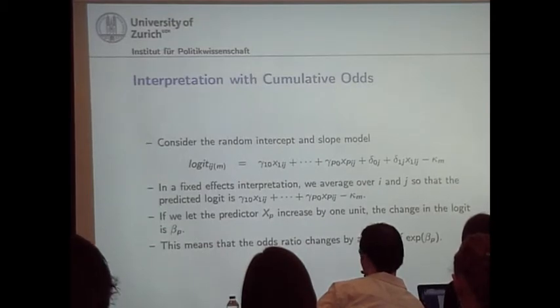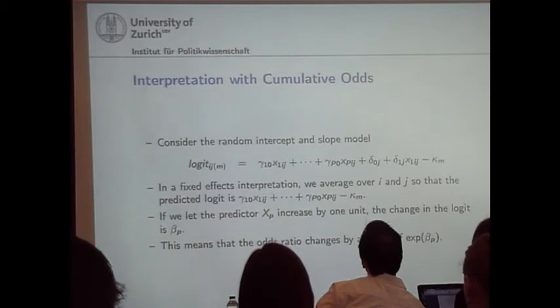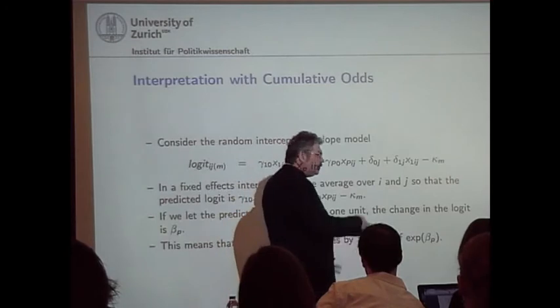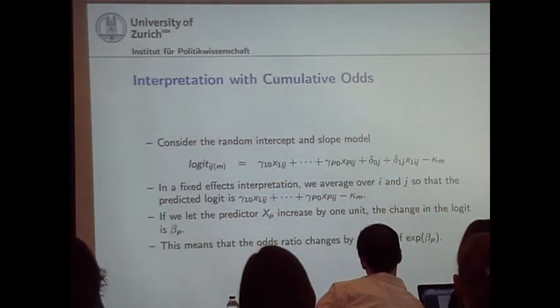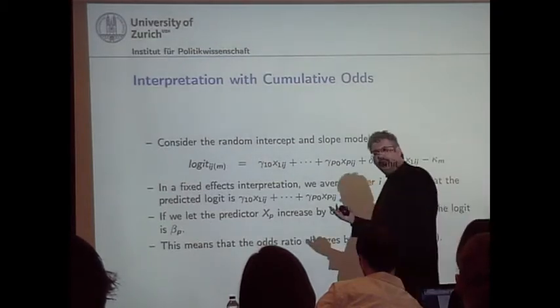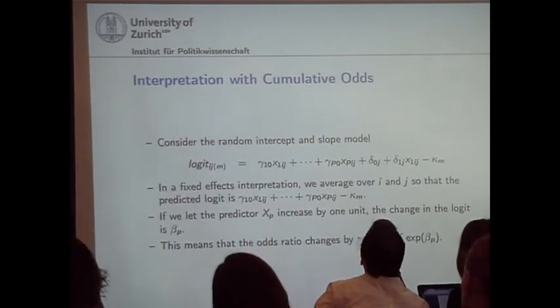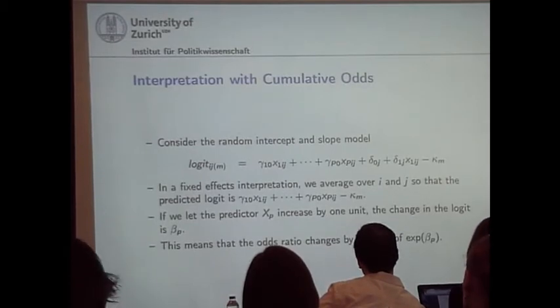So here is then a bit about interpretation, and this follows exactly the pattern that I described for the logit model, because really nothing changes. We can use odds ratios for the interpretation. We can use predicted probabilities for the interpretation. When we do predicted probabilities, we can use marginal predicted probabilities, or we can use conditional predicted probabilities.